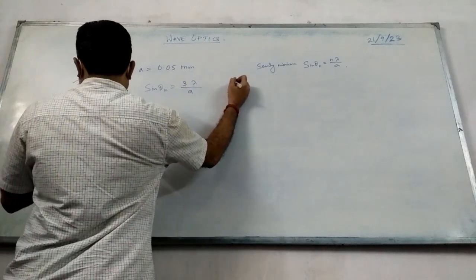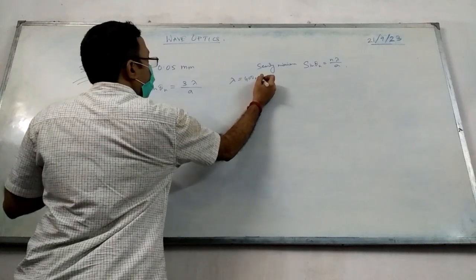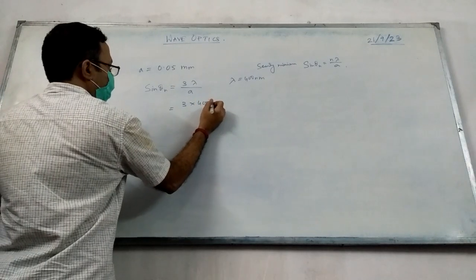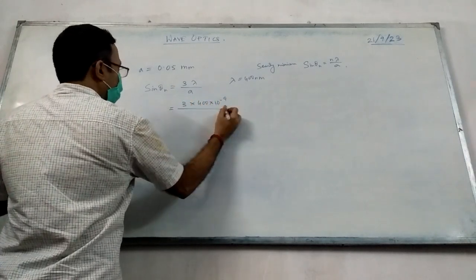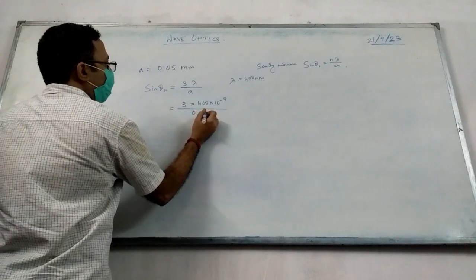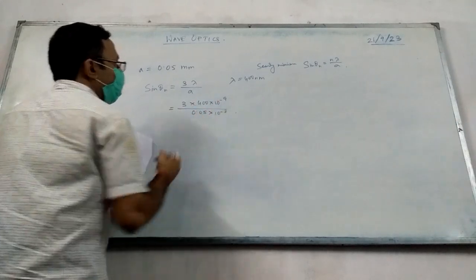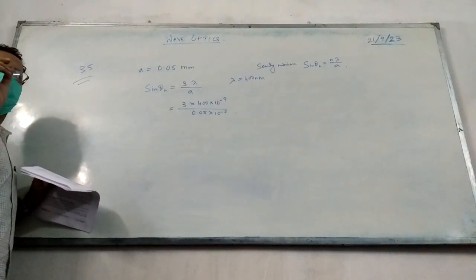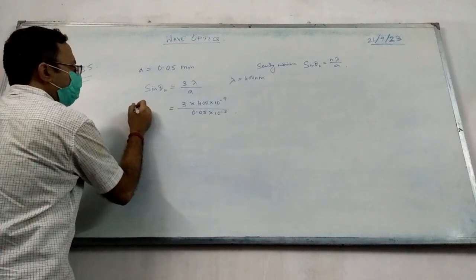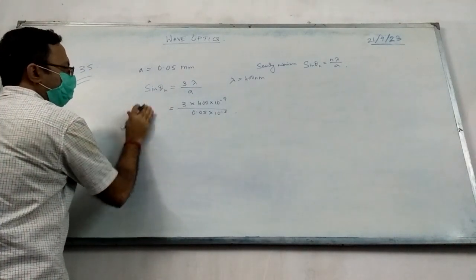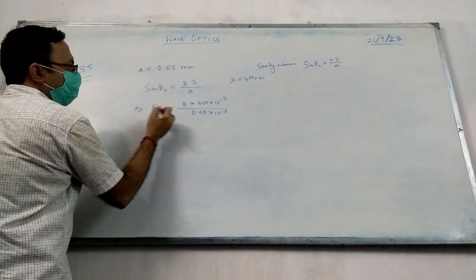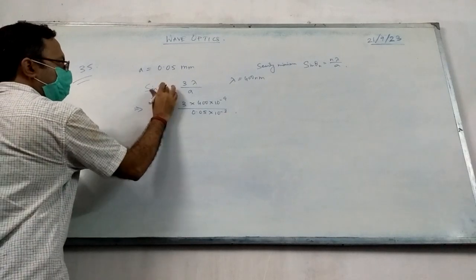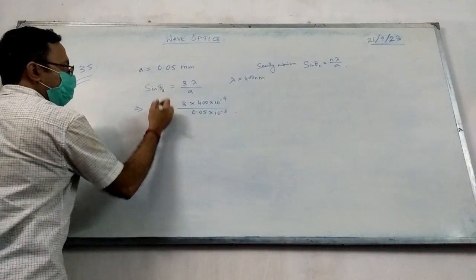Here lambda is given as 400 nanometer. So if we put the values, 3 into 400 into 10 to the power minus 9 by a, which is 0.05 into 10 to the power minus 3. We get a certain value of theta. That is so small that you can write it as nearly equal to theta n, and n is 3, so theta 3.